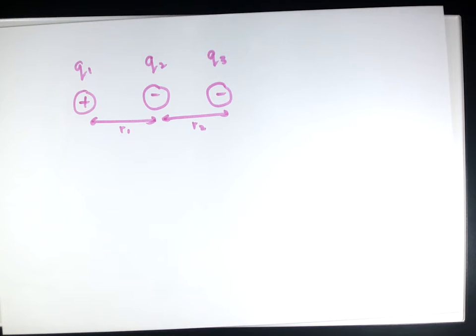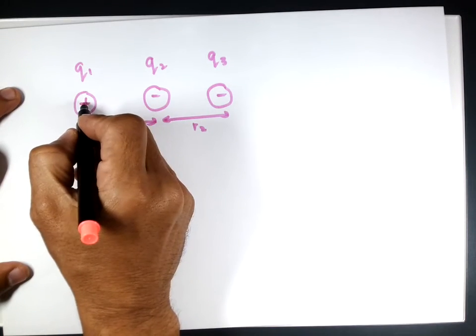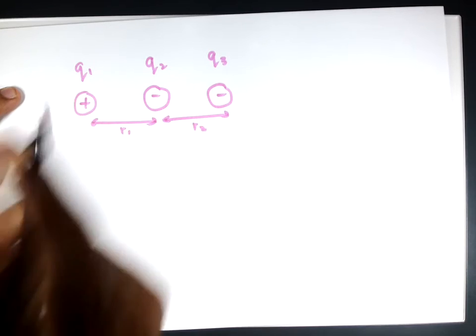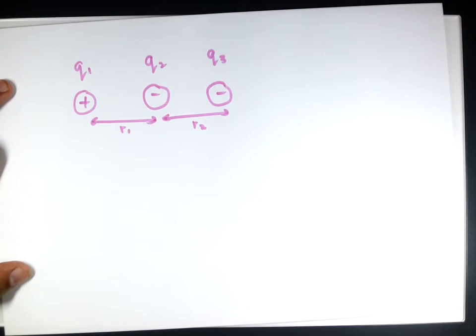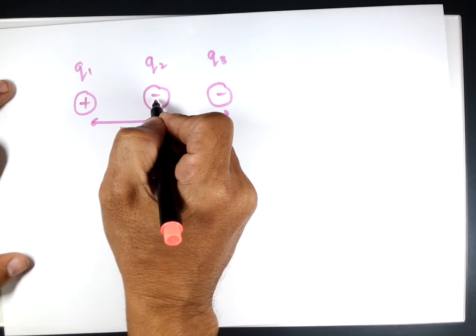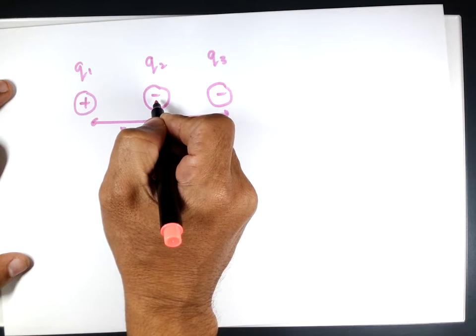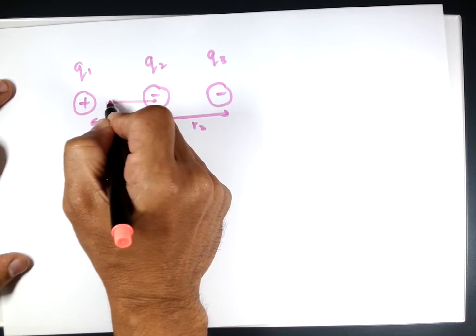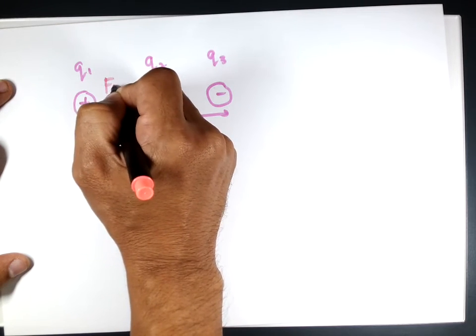So Q2 will become the test charge, meaning you act on Q2. So 1 acts on 2, 3 also acts on 2. So where does 2 go? Let's say 1 acting on 2 we label as F12. 2 is being acted on. So where will 2 go? Towards Q1. So this is our F12.